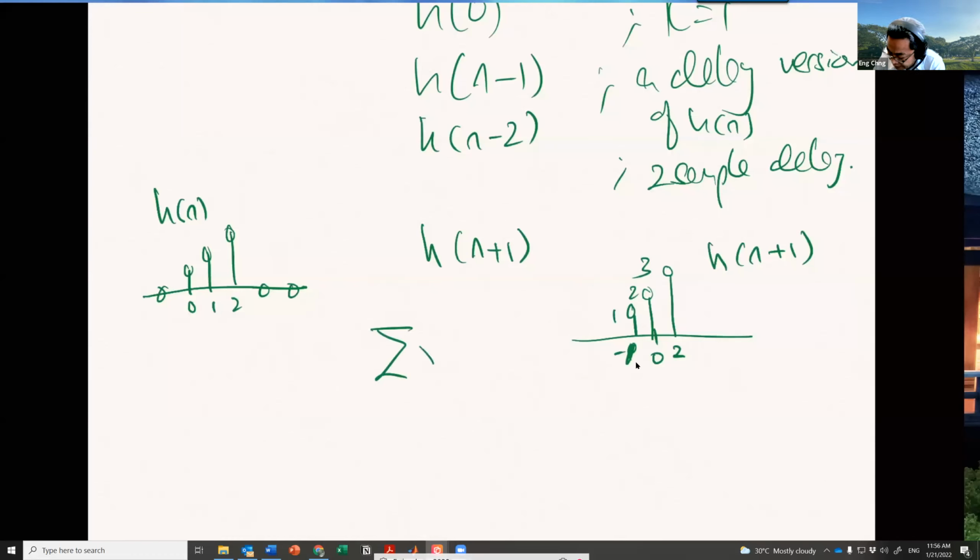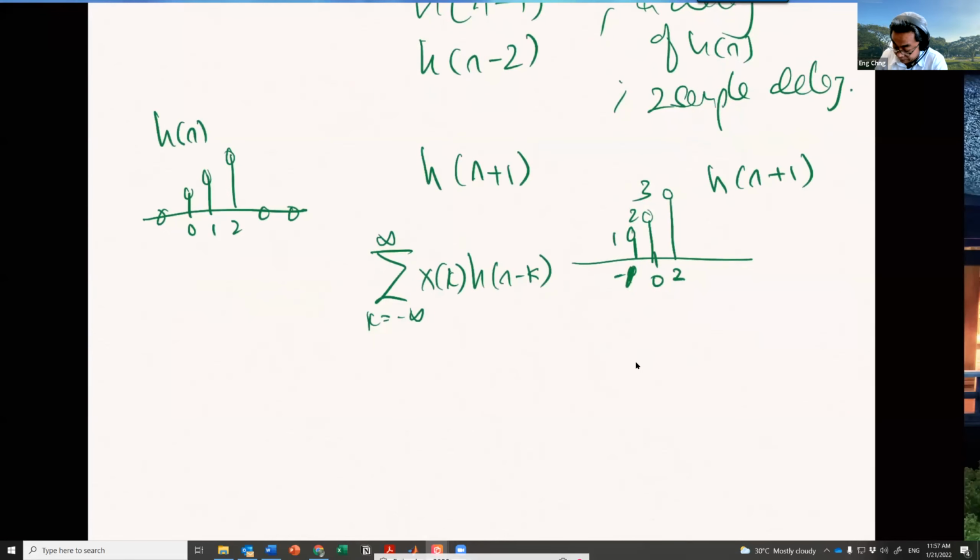Now, you look carefully at the equation. Summation of x of k, h of n minus k, k equals negative infinity to infinity. What is this value? This is h of -1. This is h of 0. This is h of 1. To get this value, then we need k to be plus 1.